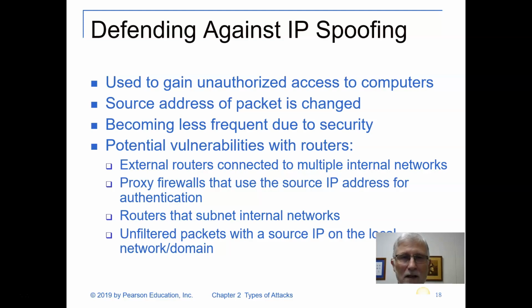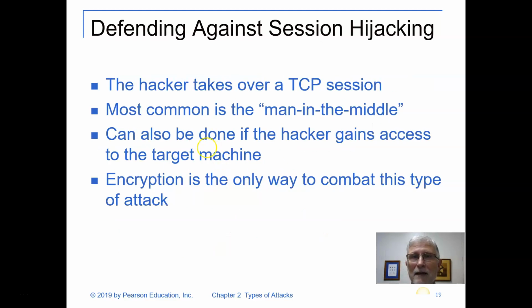The campus here, I think, has one external router to all our internal networks. Make sure proxy firewalls that use IP source addressing do authentication. For routers that subnet internal networks, be careful about internal networks. Unfiltered packets end up being a case.